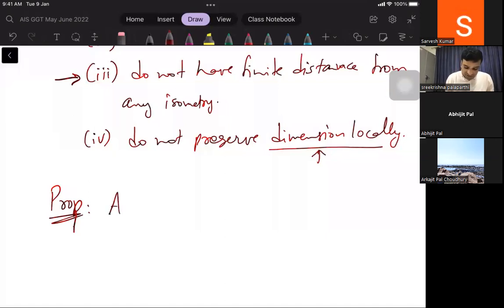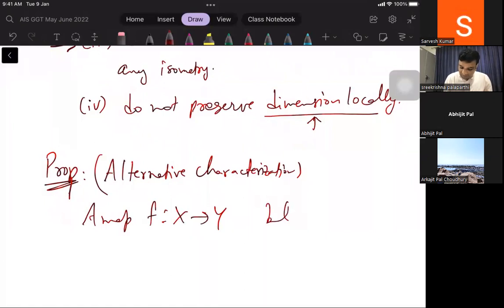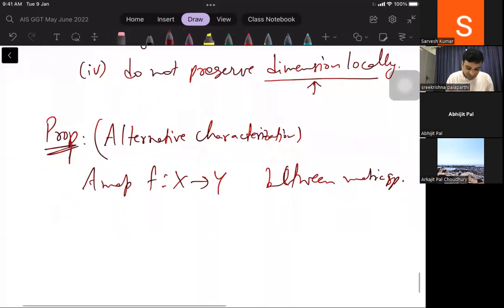Okay, so here is an alternative characterization of quasi-isometries. A map F from X to Y, where X and Y are metric spaces (X, dx) and (Y, dy).